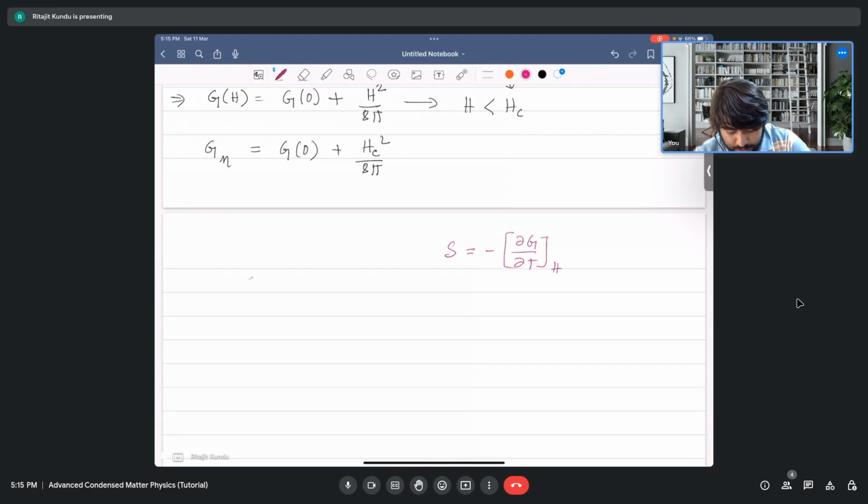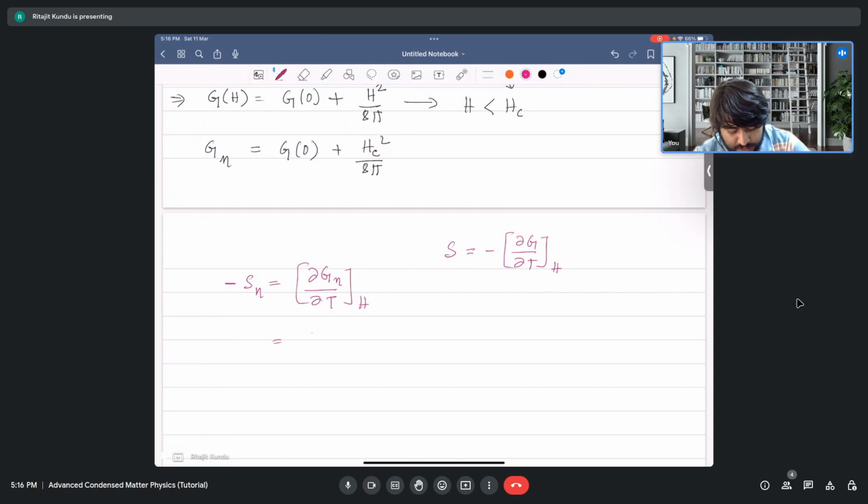For example, S_n is the entropy in the normal metallic state. So minus S_n will be given by ∂G_n/∂T at fixed field. The field is already fixed, because I have put Hc here, so I can directly calculate it.